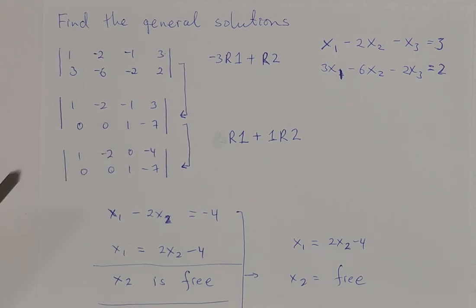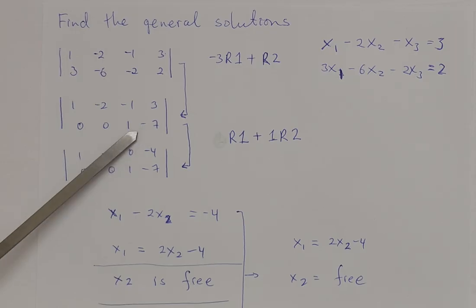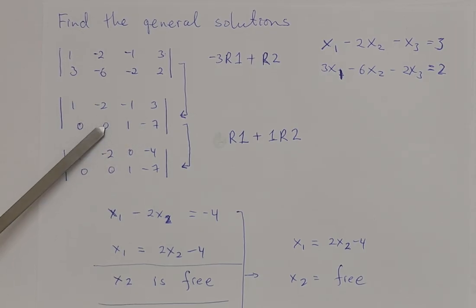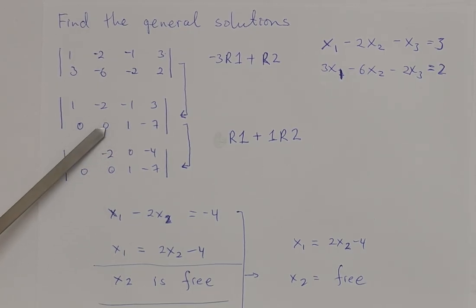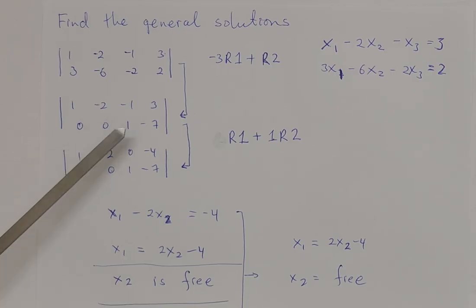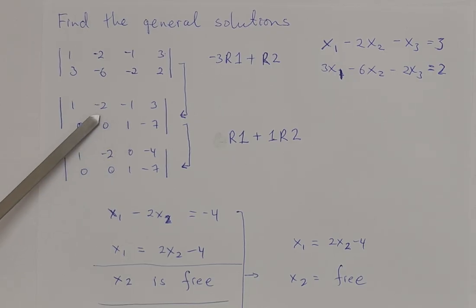Because this is a 0, we skip to the next one. If there was something here, then we would need to change it. But there's nothing here, so we move to the next. So we want this to become a 0.